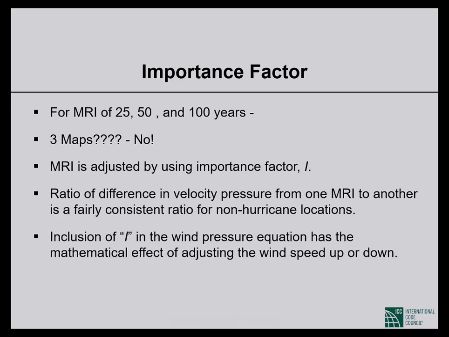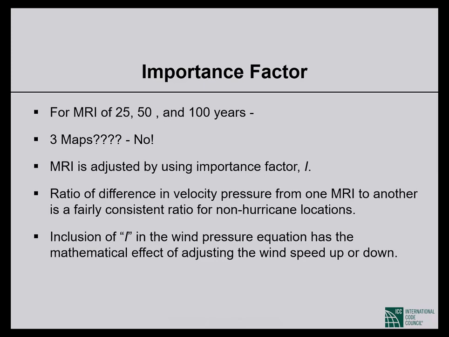Similarly, to go down from 50-year return period wind to 25-year return period wind, we use an importance factor smaller than 1. Happens to be 0.87 in inland areas and 0.77 in cyclone-prone regions.